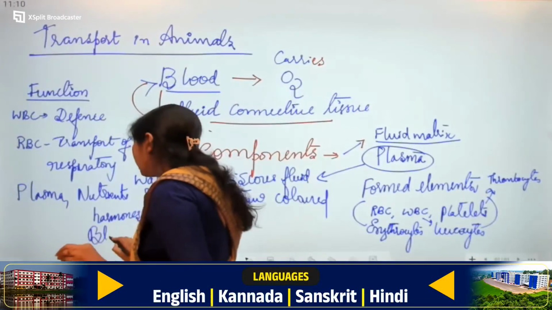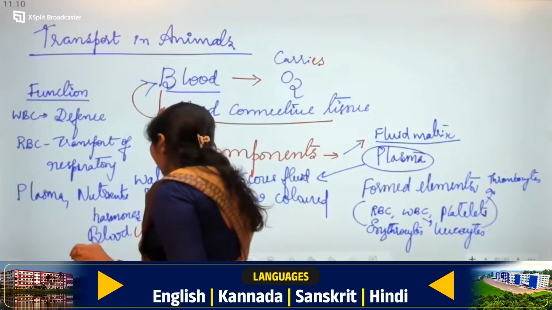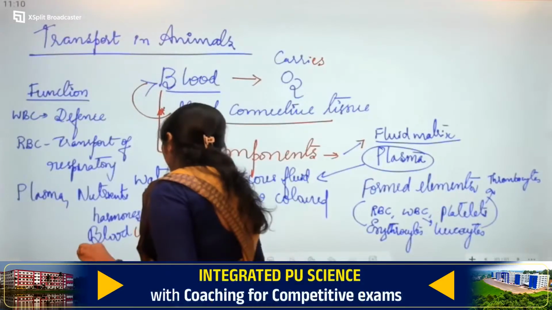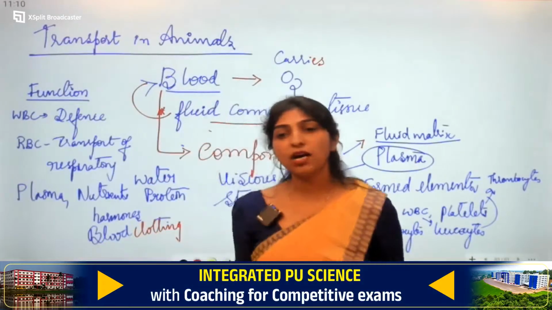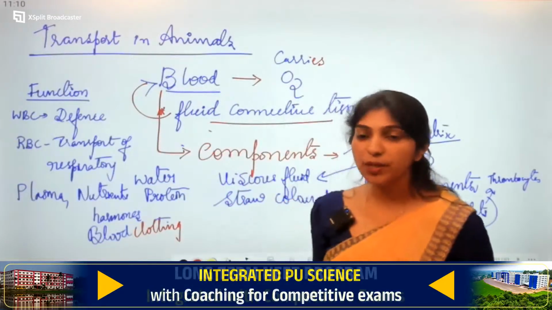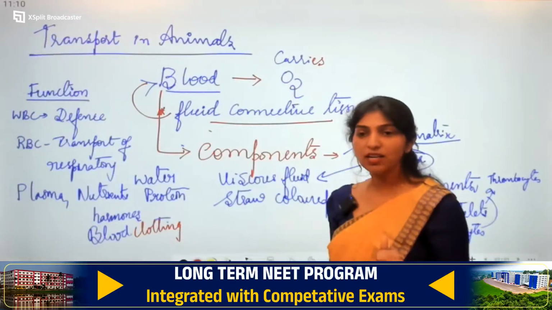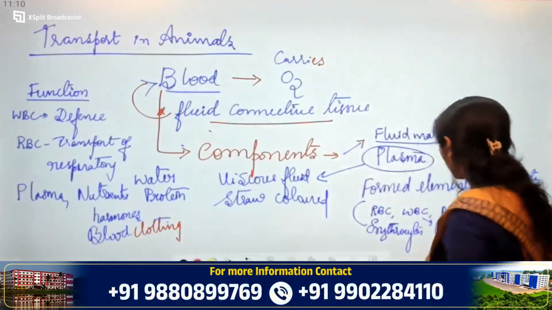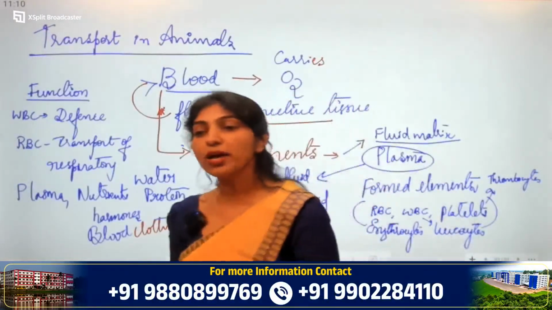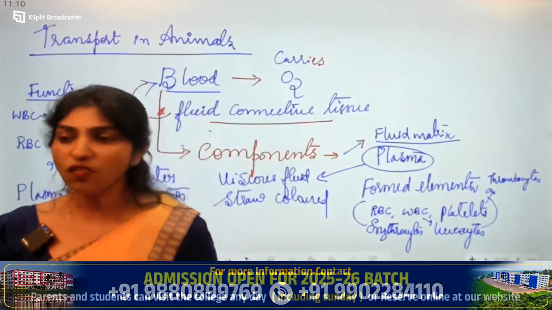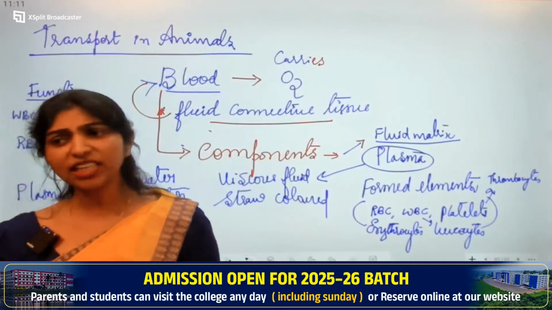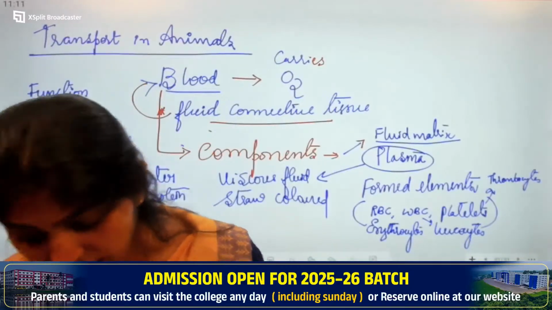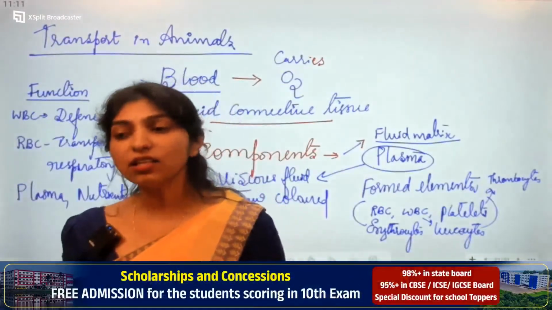For example, we have fibrinogen, a protein present in the plasma, that helps in the clotting of blood. And the platelets also help in the clotting of blood. This is the small introduction regarding the blood.